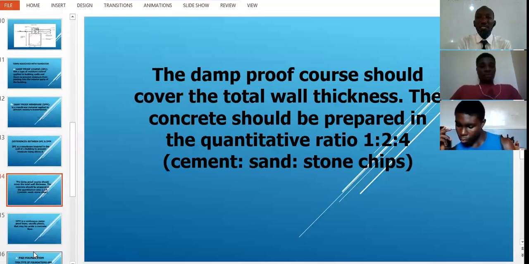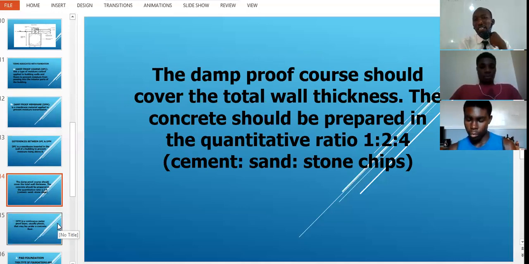Now, DPM. Okay, before we get there, it said the damp-proof course should cover the total wall thickness. That is, we are looking at the construction of the damp-proof course now. Do you understand?